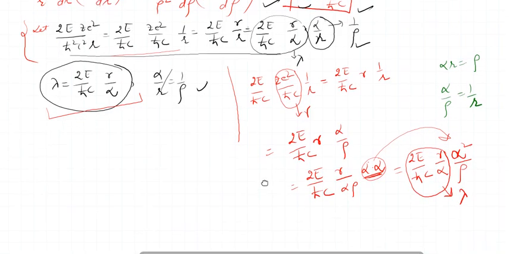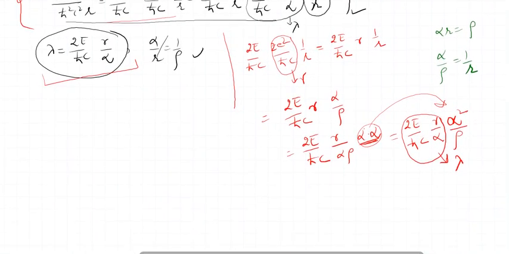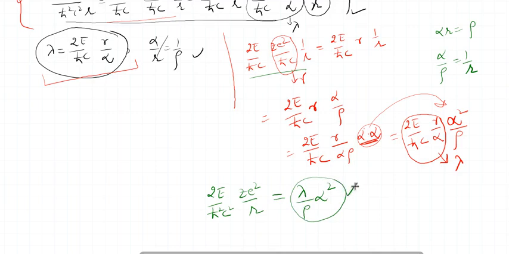So that means that 2e over h cross c, z e square over h cross c, this over r is equal to lambda over rho alpha square, right? So this we have substituted in the next equation.